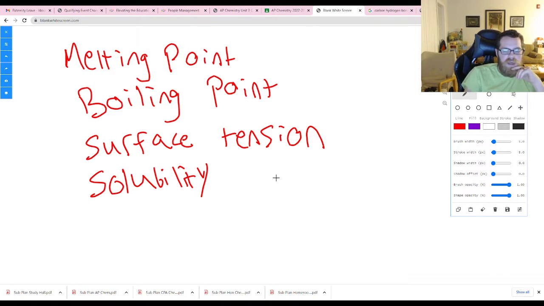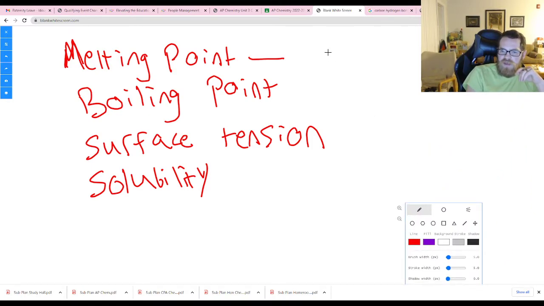So for a melting point, in order to melt something, you have to send it from a closely packed solid into a more fluid and movable liquid that can flow freely.